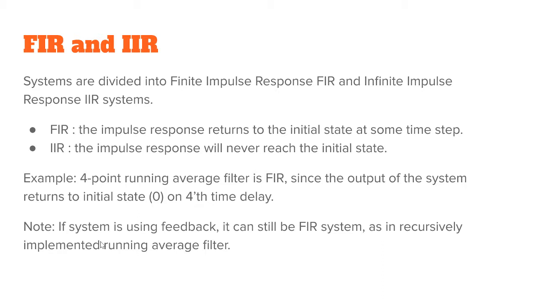Same way, actually, these sampled analog systems are infinite impulse response systems. If you start sampling the step response of an RC filter, then it's a never ending decaying signal.